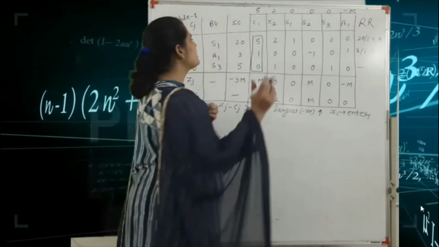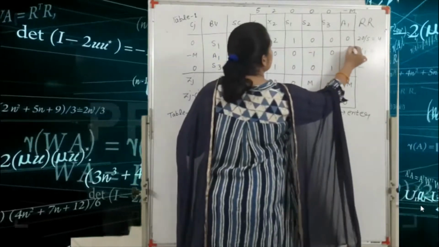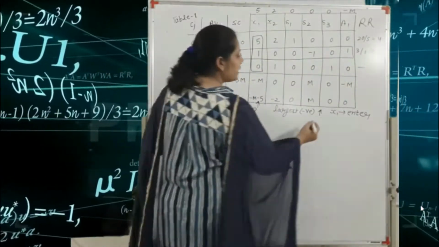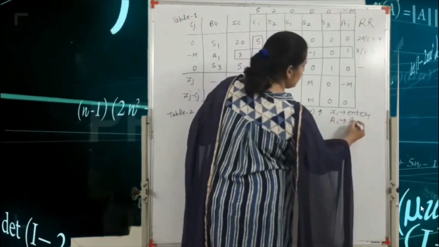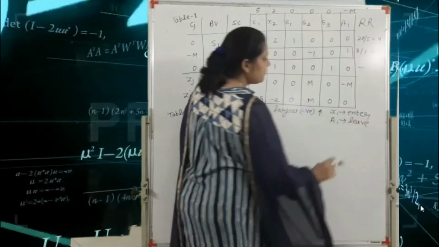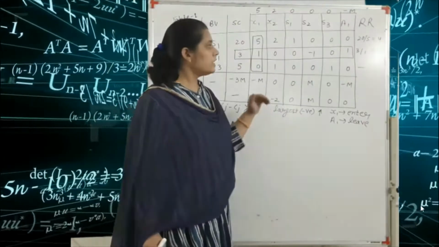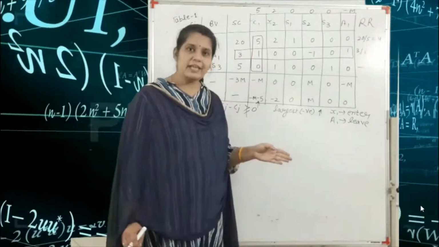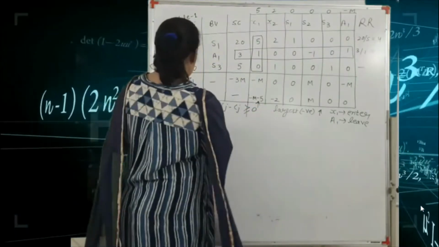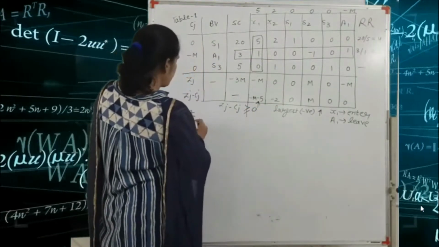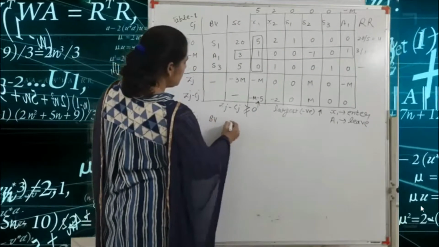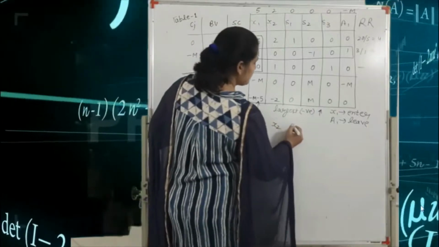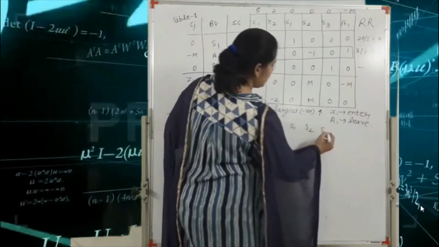So this is the key row, and this variable is A1. So the A1 variable leaves. If the A1 variable leaves, in the next table we ignore the A1 column. So we make table 2. For table 2, we write Cj, BV, solution constant, x1, x2, s1, s2 and s3.